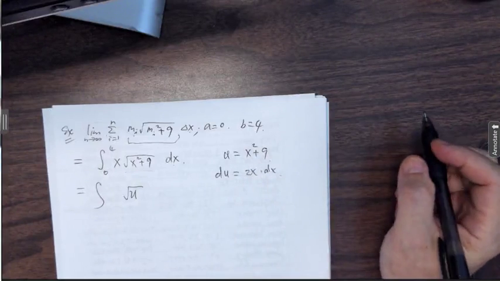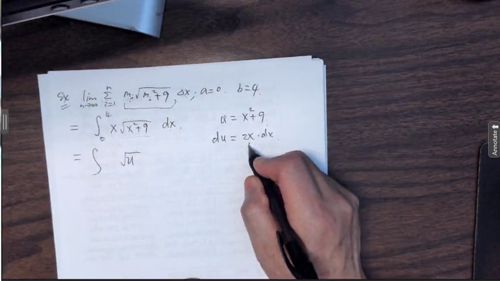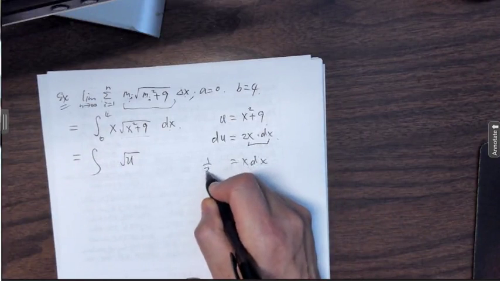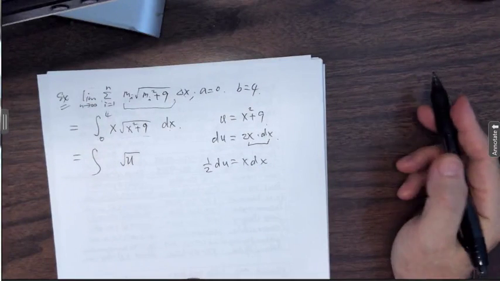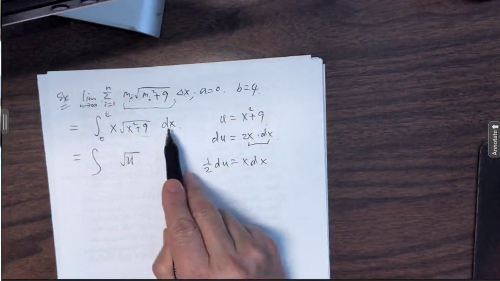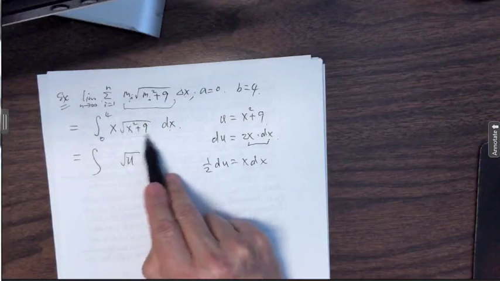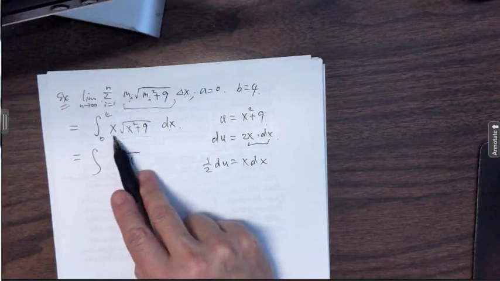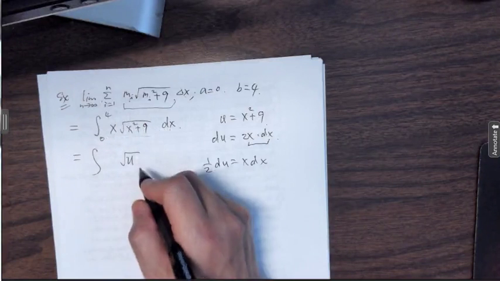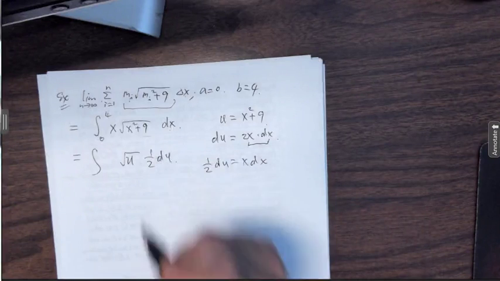That's how we find the differential. Now, from this equation, we find that x times dx equals 1/2 du. The x and the dx are exactly the leftover, because we already turned this into the square root of u, so it's just perfect. x times dx is the same as 1/2 du, so we replace x dx by 1/2 du.